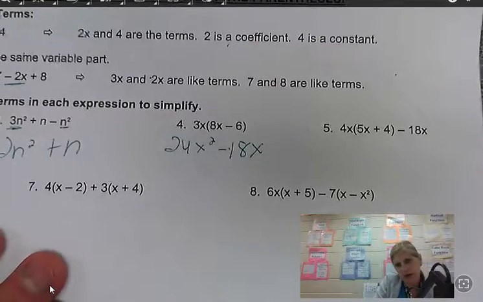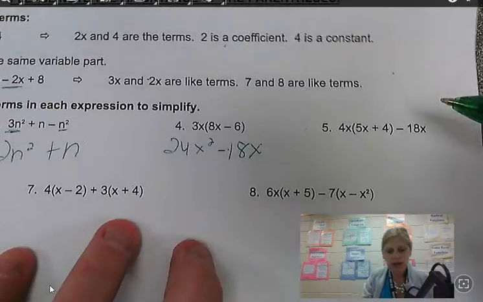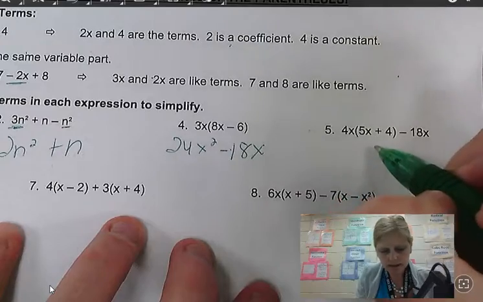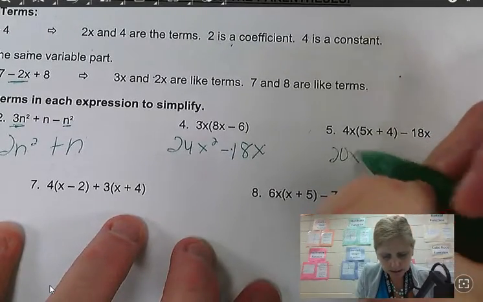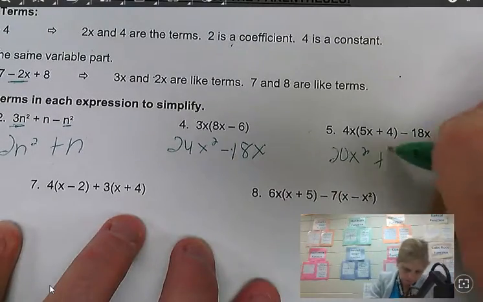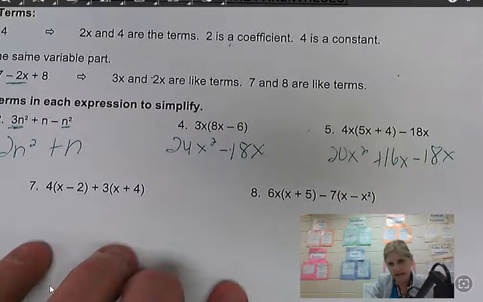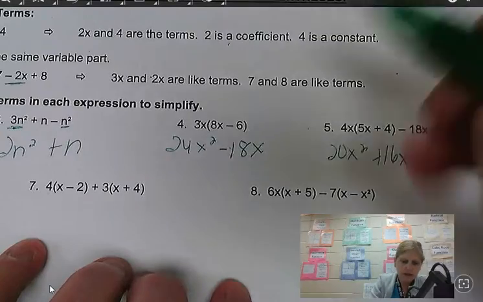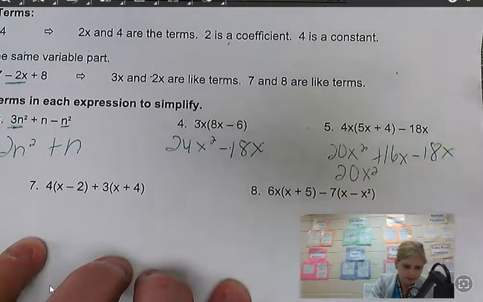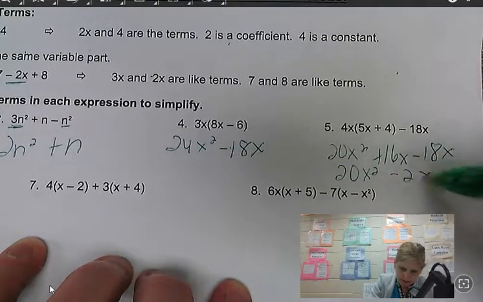Number 5, we want to distribute. So I have 4x times 5x is 20x squared plus 16x minus 18x. I go ahead, this is my only x squared, minus 2x.